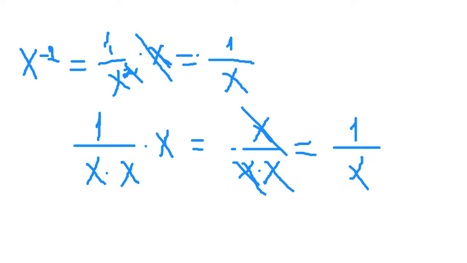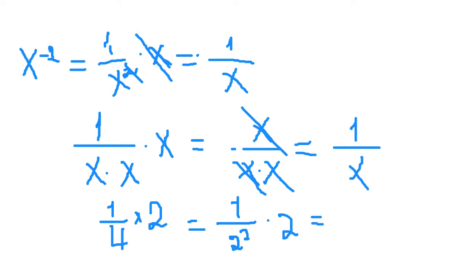Right? Just think about it. 1 over 4 times 2, which is 1 over 2 squared times 2.